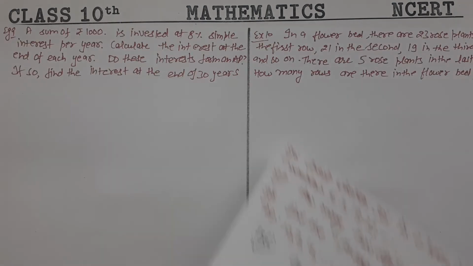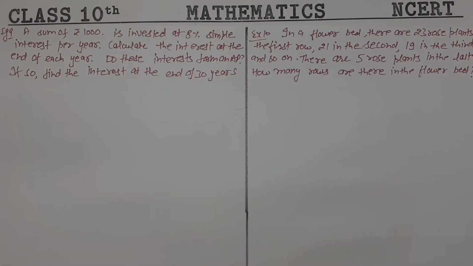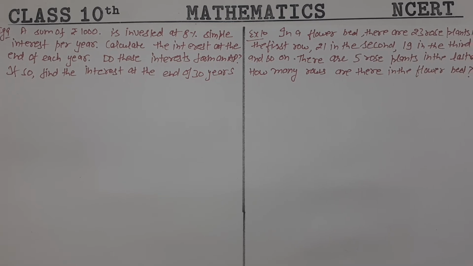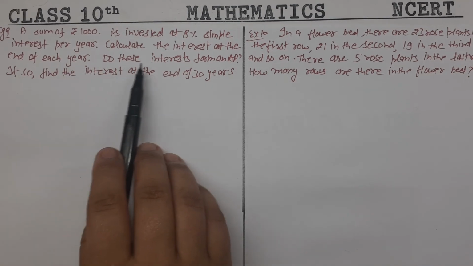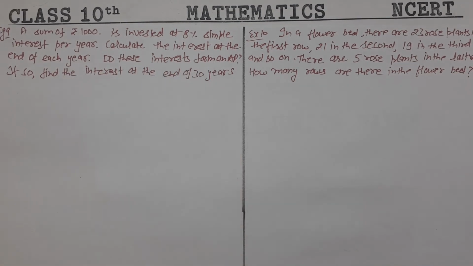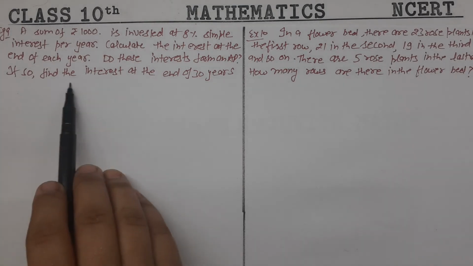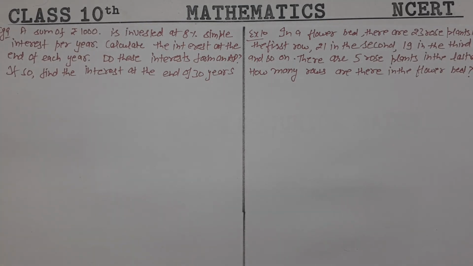Next, example number 9. A sum of rupees 1000 at simple interest 8%. Calculate the interest at the end of each year. Do these interests form an AP? If so, find the interest at the end of 30 years.